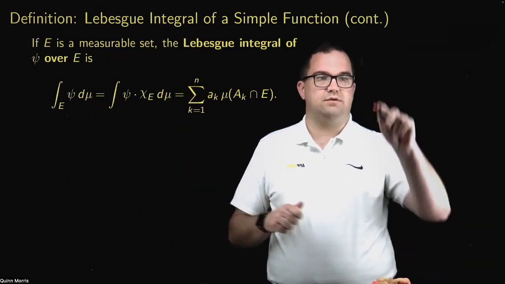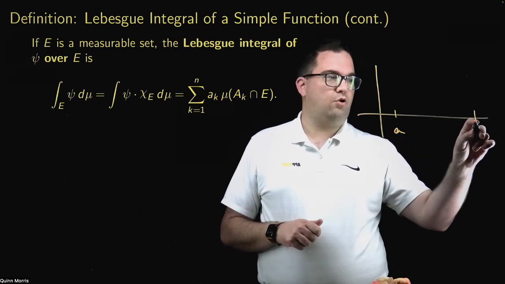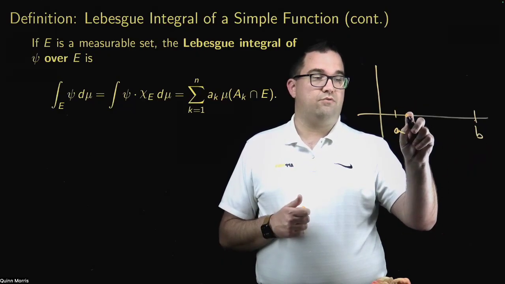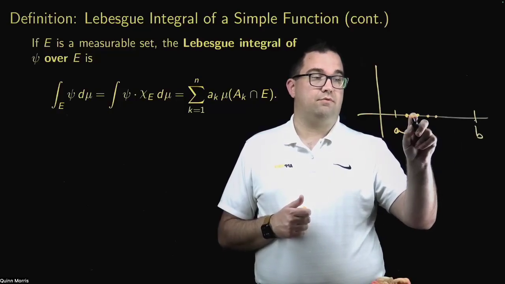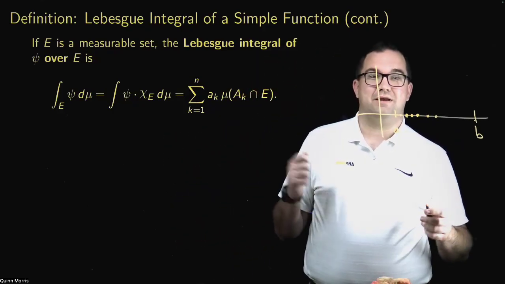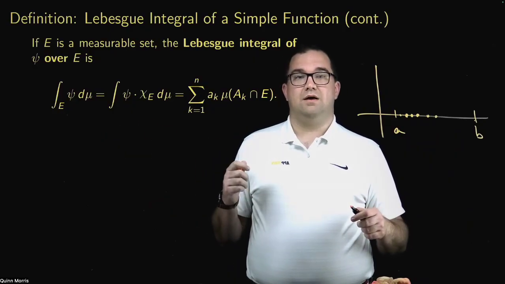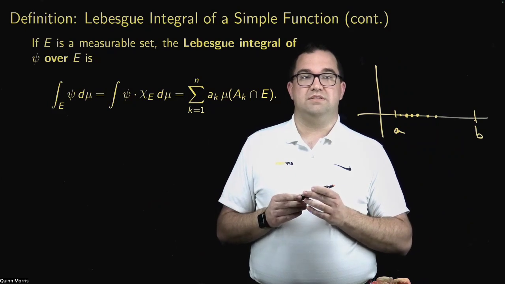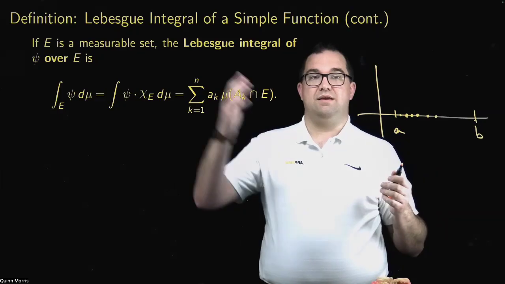So I could have a function defined on a whole interval AB, but maybe I only want to integrate it over the rationals in AB, for example. So I can now integrate over sets that aren't intervals. So I could take the Lebesgue integral of this function psi over the rationals in the interval AB.